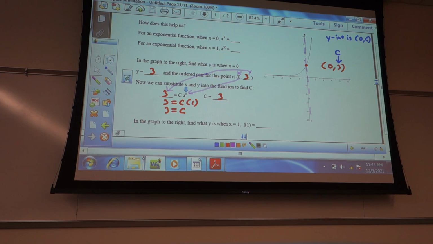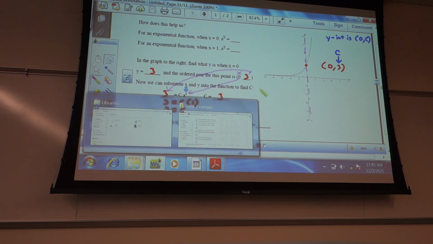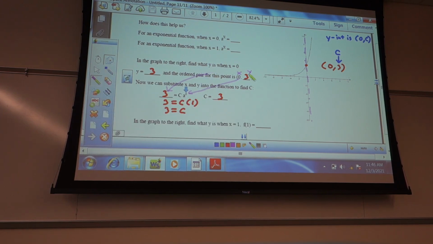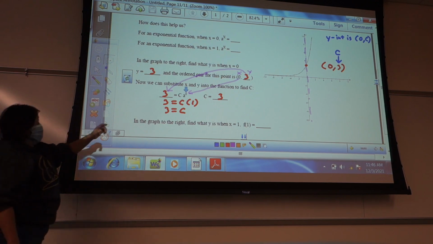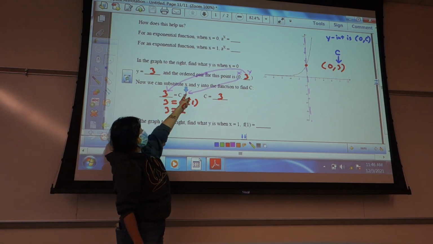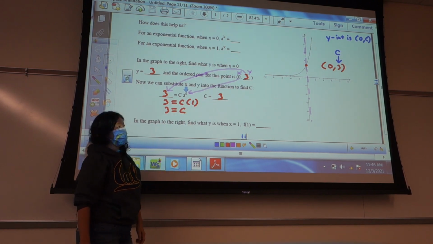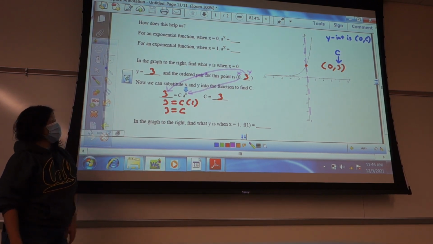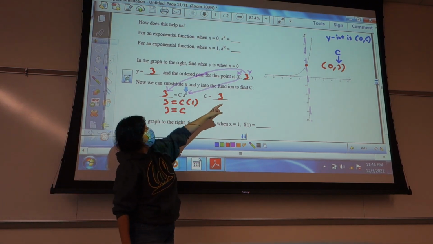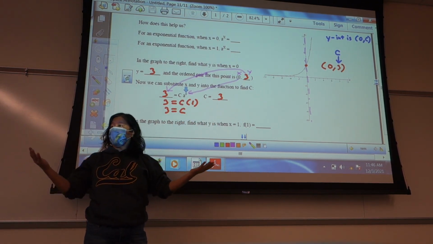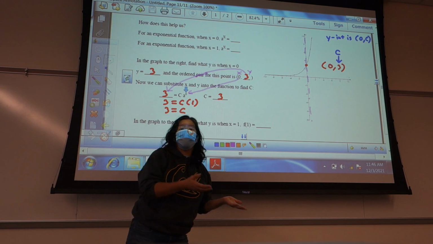That's x comma y, so I put 0 in for x, 3 in for y, and that's how we get this one. But in the future, you can just know that once you find your y-intercept, that is your c. Done. It's your initial amount.